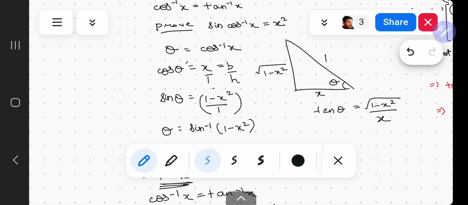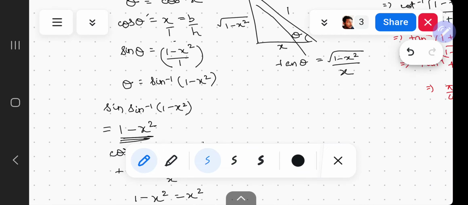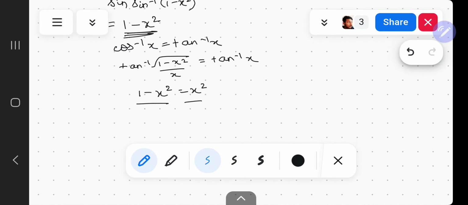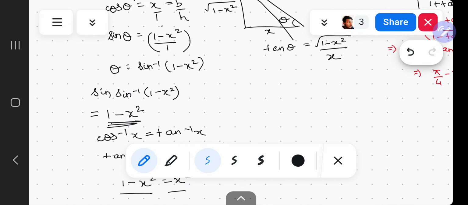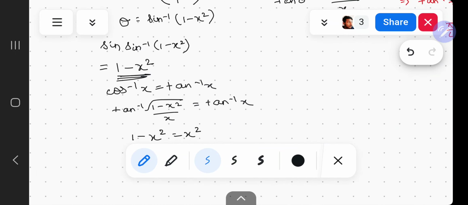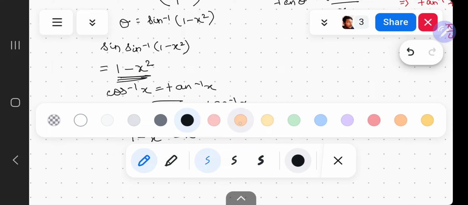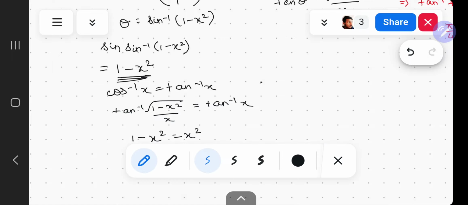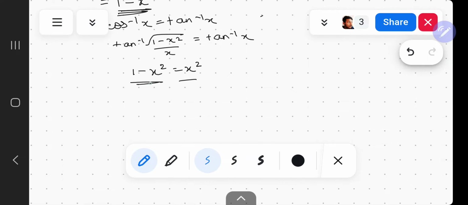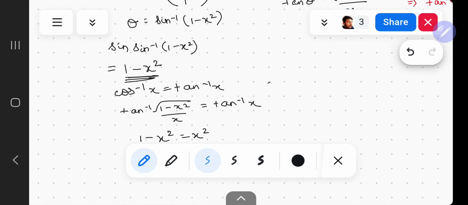Okay, so from here we got that 1 minus x square is equal to x square.